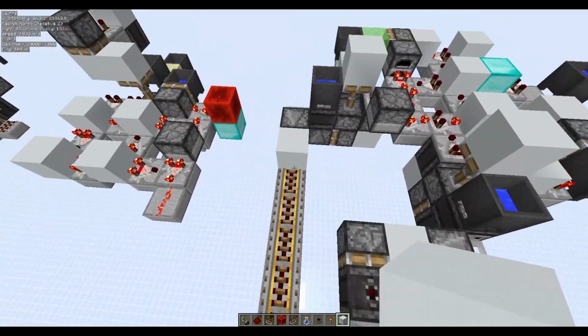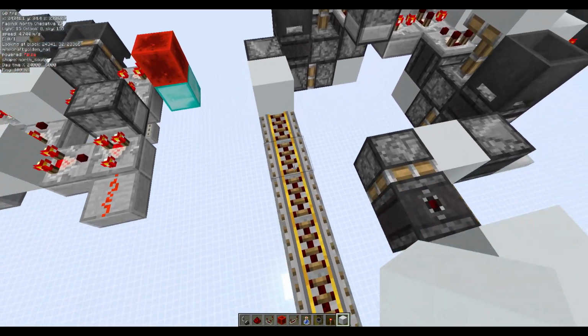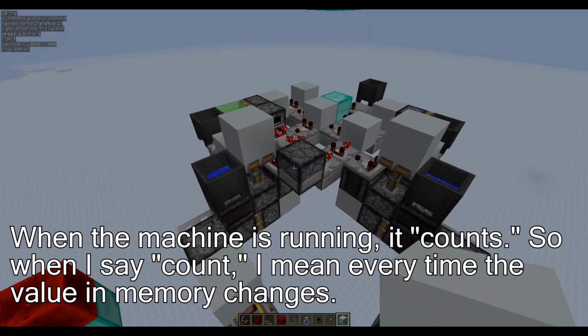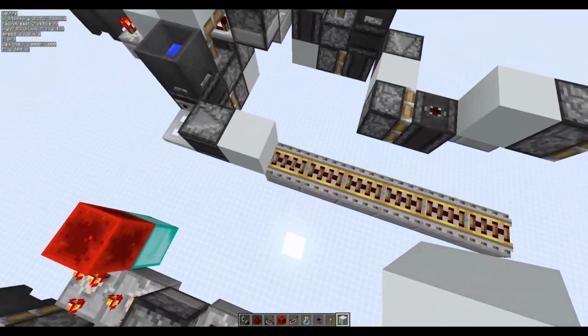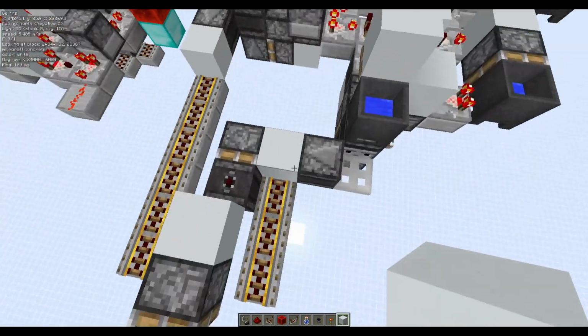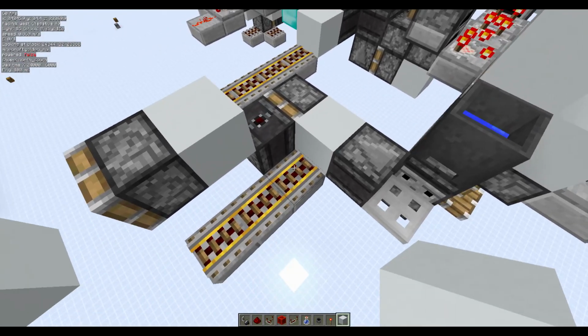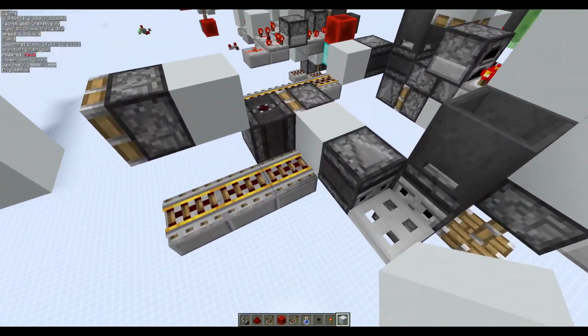If we increment, we'll see this line here pulse, and it will pulse twice per count. So if I count upward 3 times, it will pulse 6. Over here, it's decrement, with the same amount of pulses, twice every count. So if I count from 6 down to 0, we'll get 12.